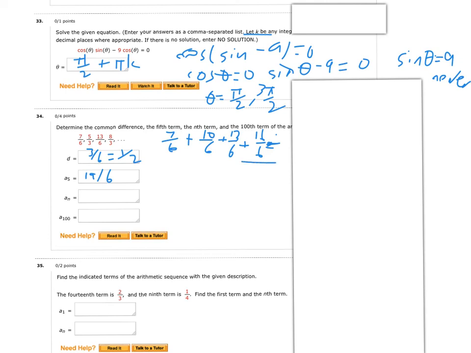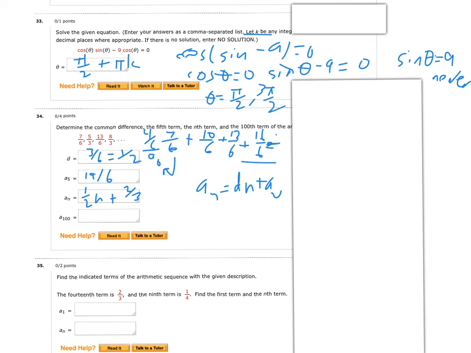Now, for the formula here, we kind of have to backtrack to find a sub 0, because a sub n equals dn plus a sub 0. So I know the common difference is 1/2, but I have to find that a sub 0. If I subtract 3 over 6 going this way, then that would be 4 over 6, which would reduce to 2 over 3. The 100th term then I can just plug in. And so what would that be?